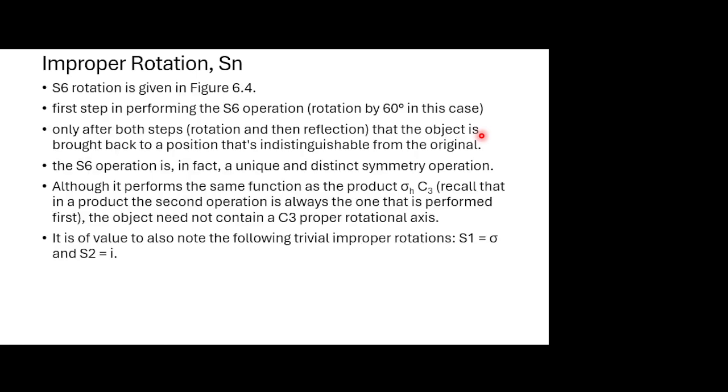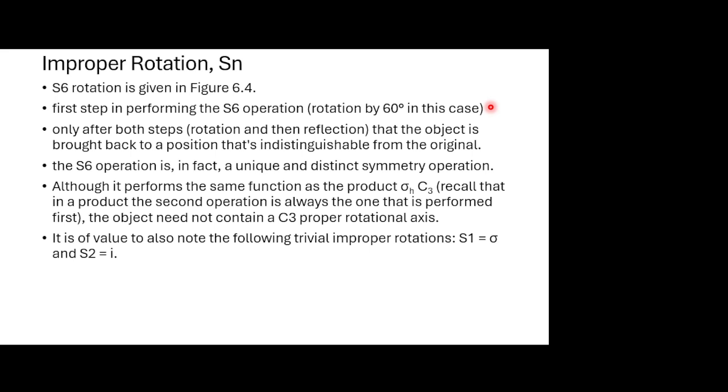An S6 rotation is actually given in our figure, which I'm going to bring up in just a bit. The first step, though, is performing the S6 operation. That means rotating it 60 degrees, because 360 divided by 6. And only after you have both steps should your object be back in a position where you can't distinguish that anything changed.